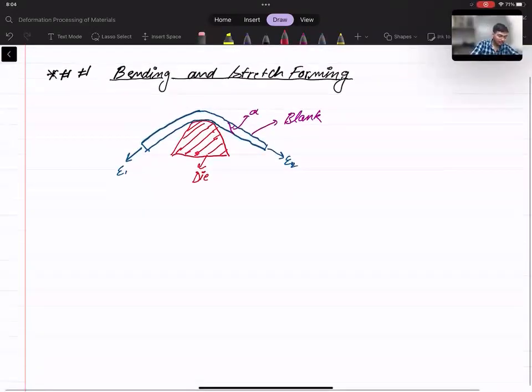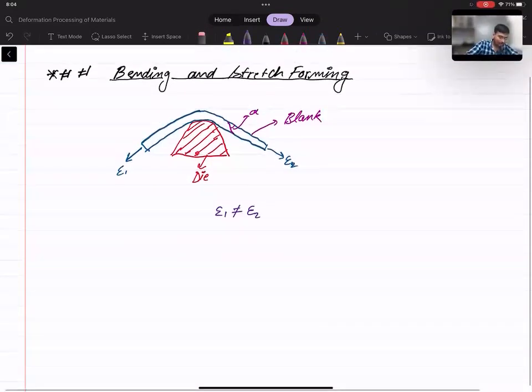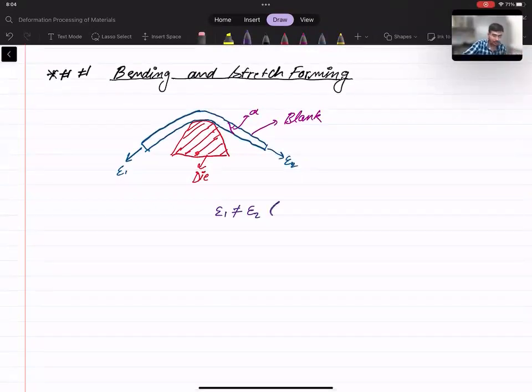Also, I mentioned that the strains E1 and E2 will not be equal. Okay. So always there will be some difference.